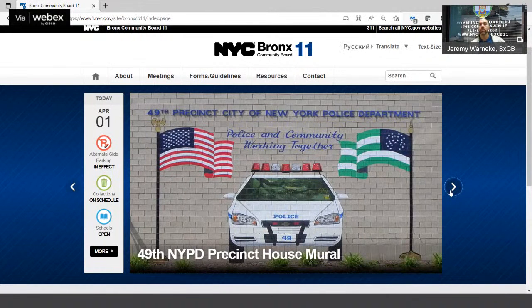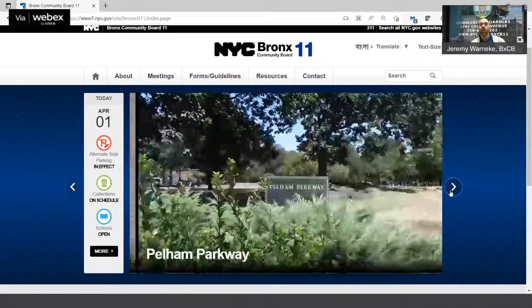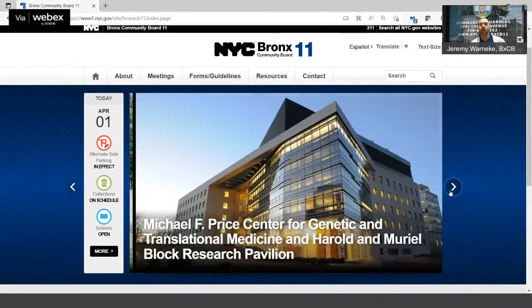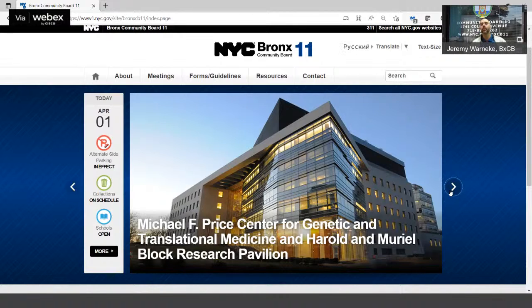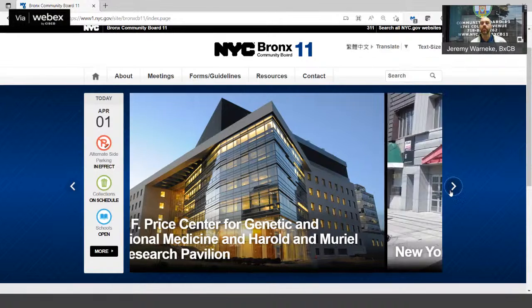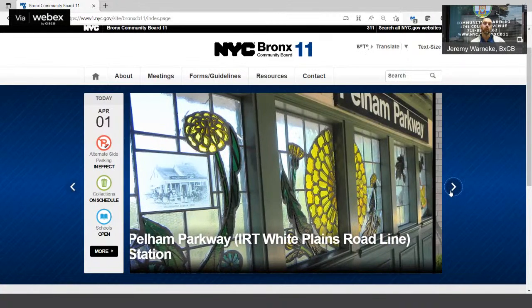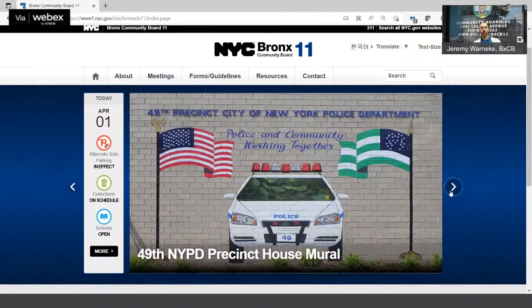This photo I think I personally took of the 49th precinct. I got this picture from Einstein Medical Center, a really high quality, good picture. The New York Public Library picture, I think I personally took. Whatever, a lot of people helped us over the years with this.